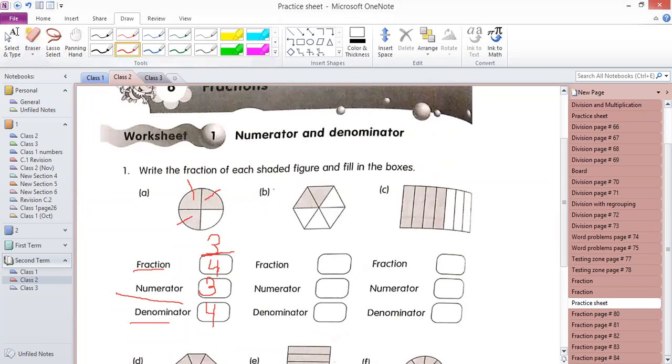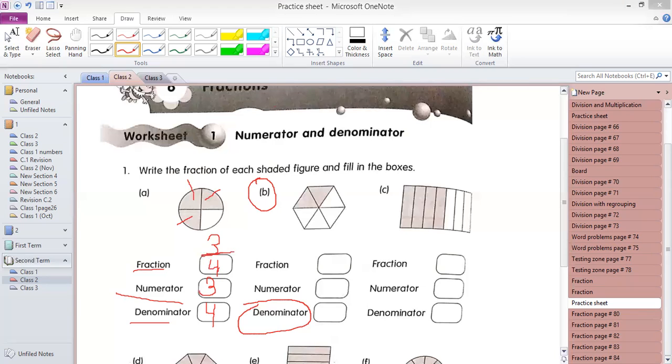Now you have to tell me the denominator of B. What is the denominator in shape B? Answer me, guys. Look at the shape and tell me in the chat box. Abdul Rauf, very good.